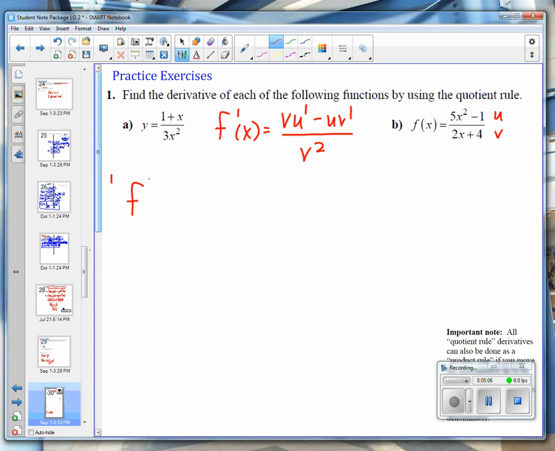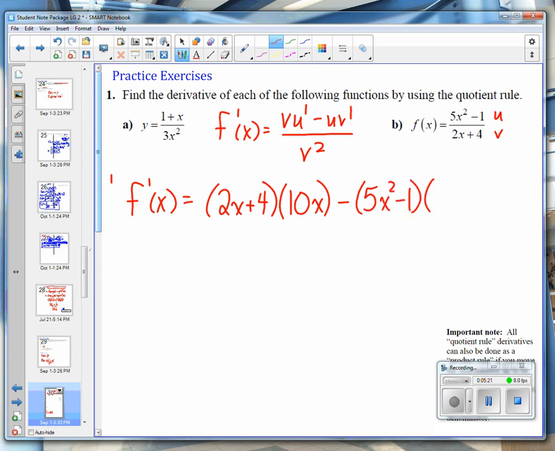So my v is 2x plus 4 times the derivative of my numerator, which is going to be 10x, minus my numerator times the derivative of my denominator, which is just going to be 2, all divided by 2x plus 4 squared.